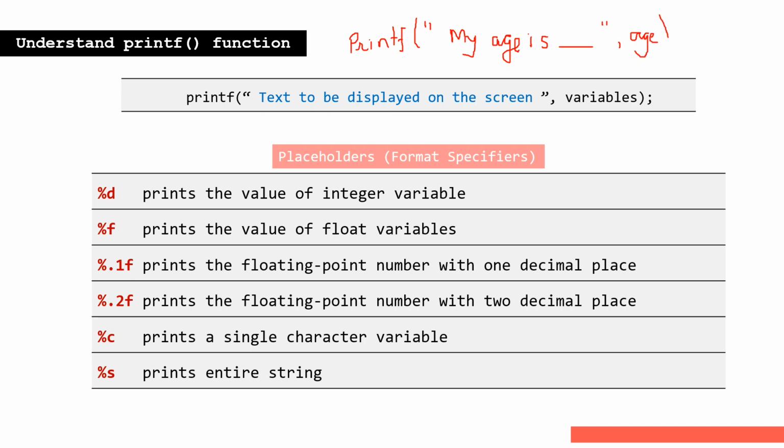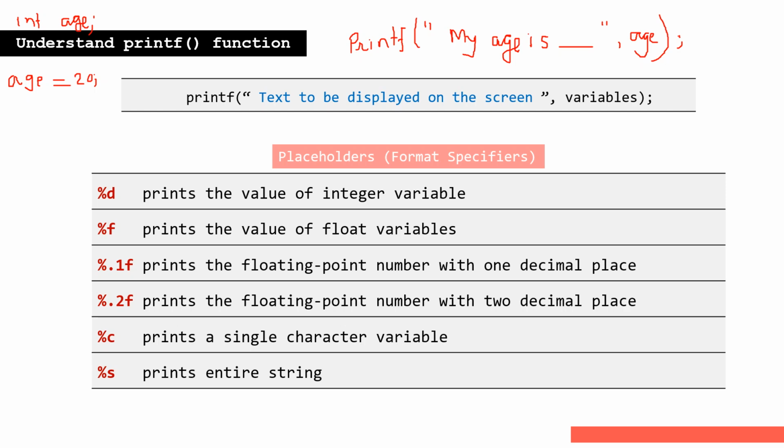Let us assume that the age variable is already declared and defined. I have declared this variable of integer type, int age, and the value I have assigned to it is 20.